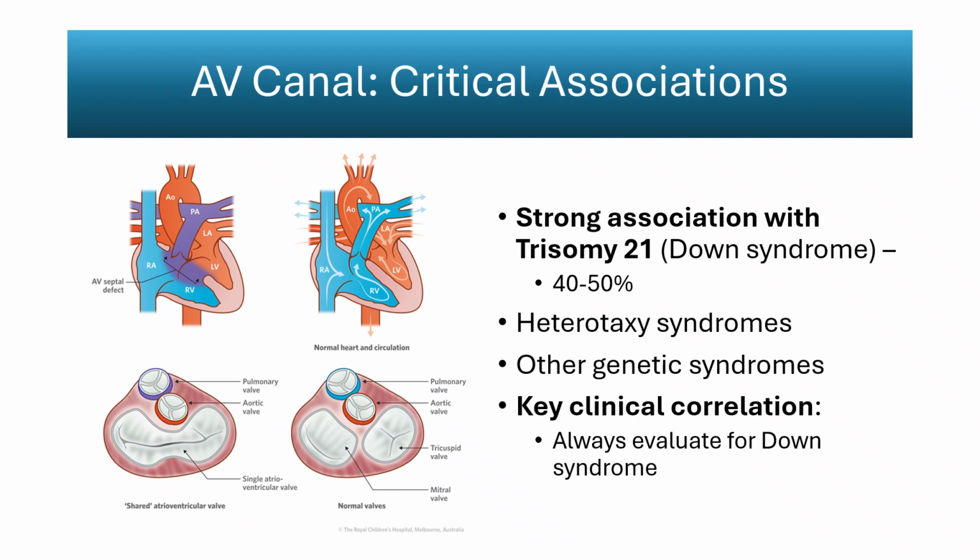In addition, they can occur with other genetic syndromes and chromosomal anomalies, reflecting the central role of endocardial cushion development in cardiac morphogenesis. For clinicians, the critical bedside point is that the discovery of an AV canal defect in a neonate should immediately prompt evaluation for trisomy 21 and consideration of broader genetic testing. Recognizing these associations guides anticipatory counseling, directs genetic workup, and prepares the care team for potential extracardiac complications.